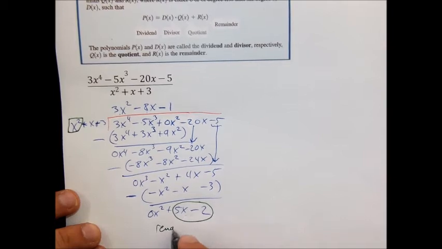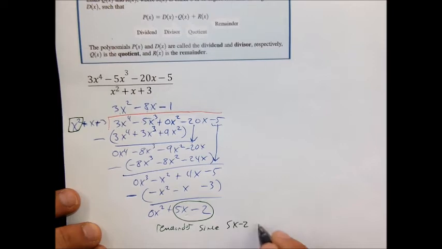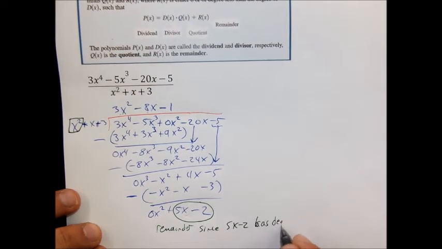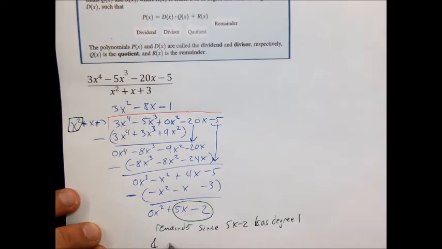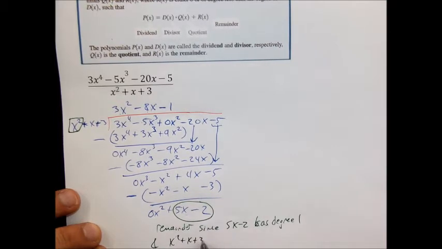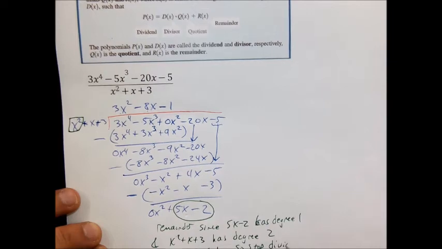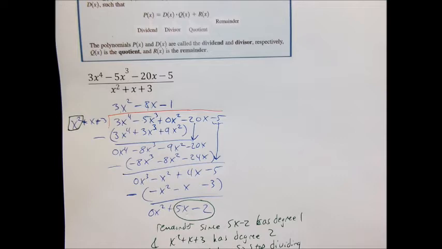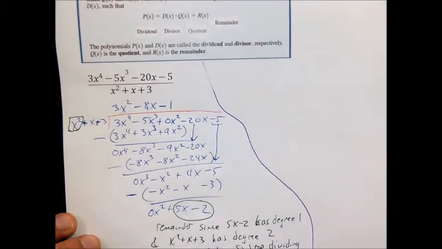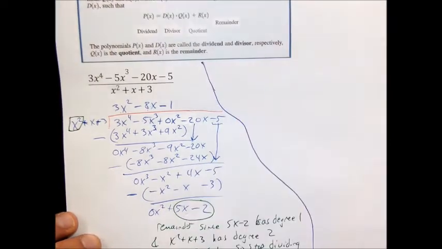This is the remainder, since 5x minus 2 has degree 1, and x squared plus x plus 3 has degree 2. 1 is less than 2, so stop dividing. Questions about that before we write down the answer?